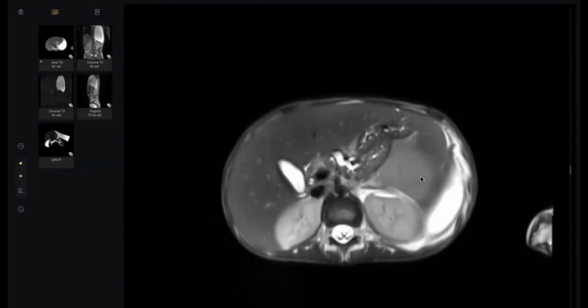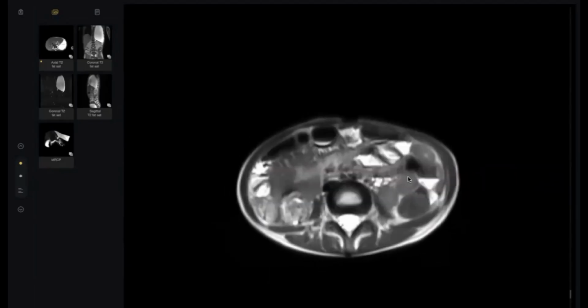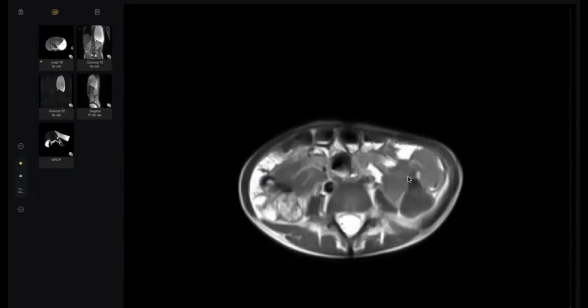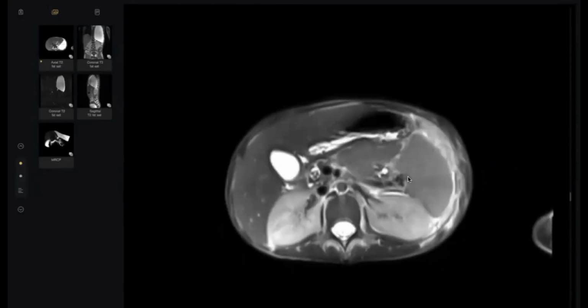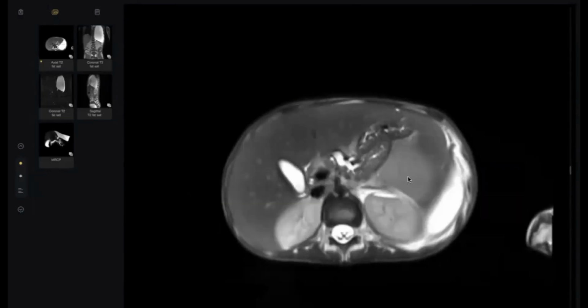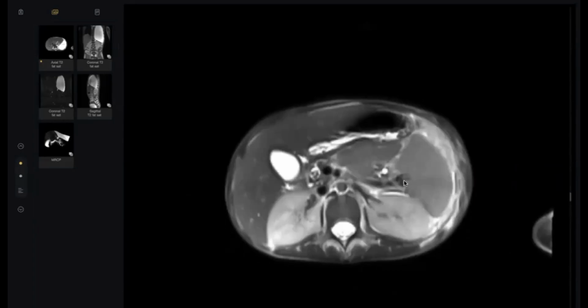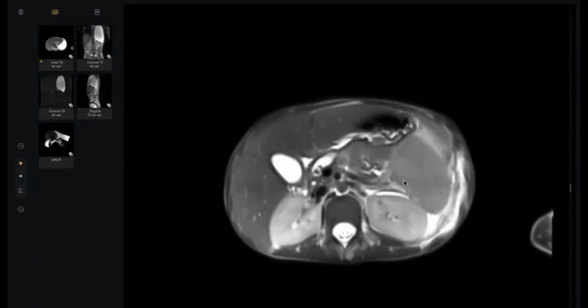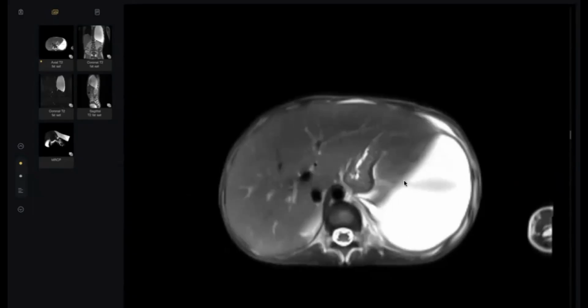Then, what do you think? Also, sir, there is ascites. Kidneys are fine, sir. I think an atrophic pancreas is there. In other images I can see more anatomy of the region.